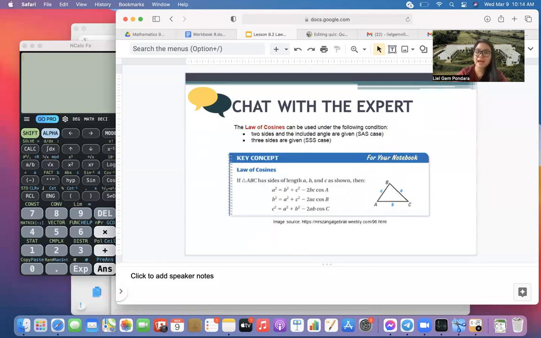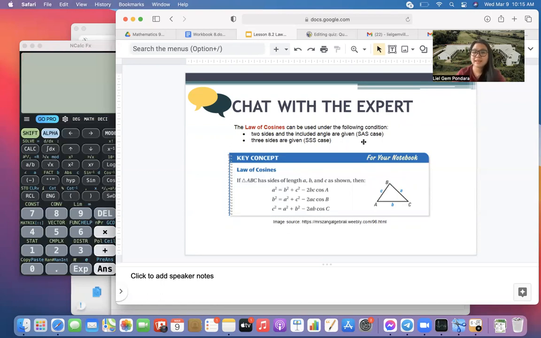But if we have three sides, like this one, the SSS, or we have side, angle, side, then we can use the law of cosines. So again, when do we use the law of cosines? When there are two sides and one included angle, or there are three sides.